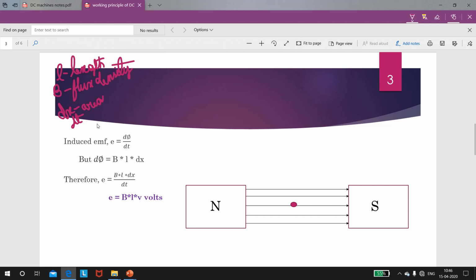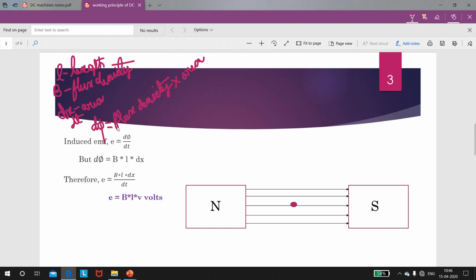Now d phi is given by flux density into the area swept by the conductor in the time dt. So flux density into area will give me d phi.